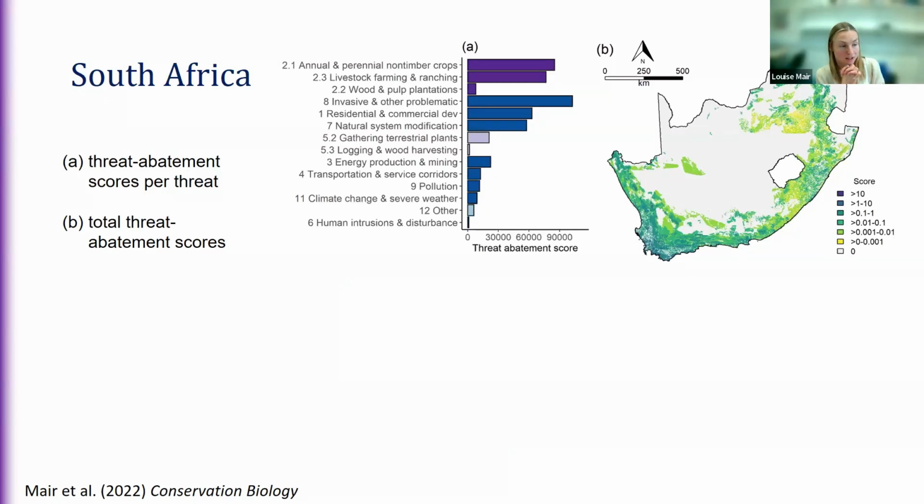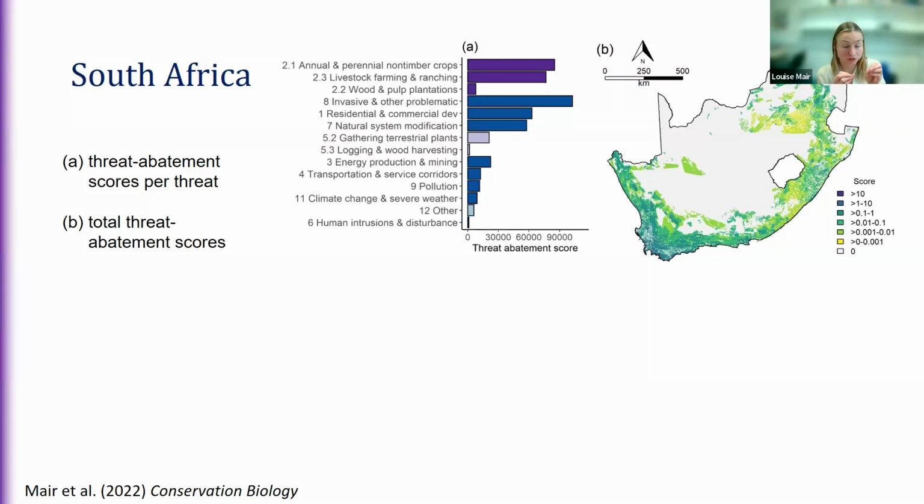South Africa is a really nice example because their data is so detailed and comprehensive. So we've got the figure of the relative contribution of different threats. And for plants in South Africa, the biggest threat comes from invasive species. And then we've got the map of the total threat abatement scores.